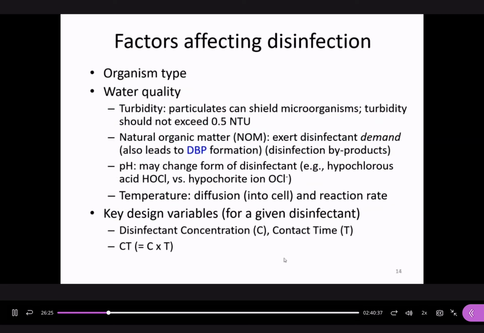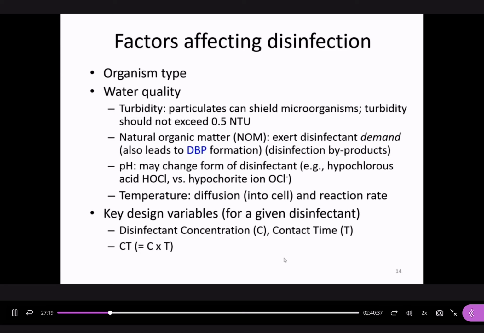Factors affecting disinfection: the pathogens themselves, and then water quality, such as turbidity. Particulates can shield microorganisms. What does shield mean? They can prevent the reaction between your disinfectant and the pathogen. Natural organic matter, NOM, exerts disinfectant demand because NOM reacts with disinfectant.